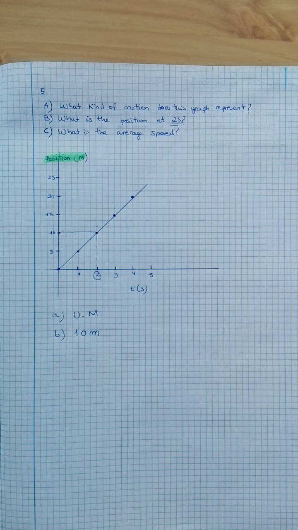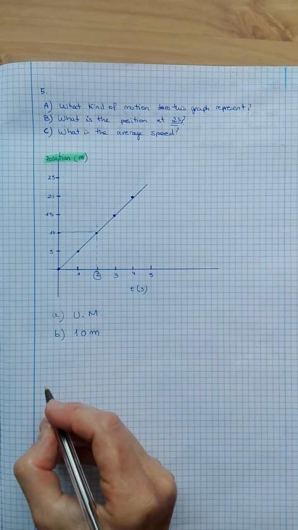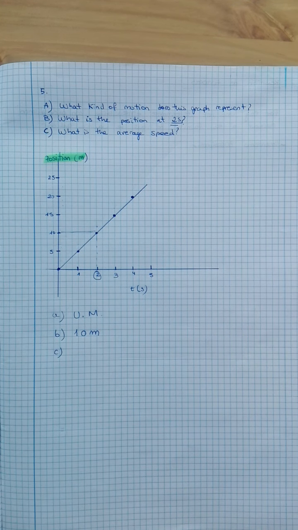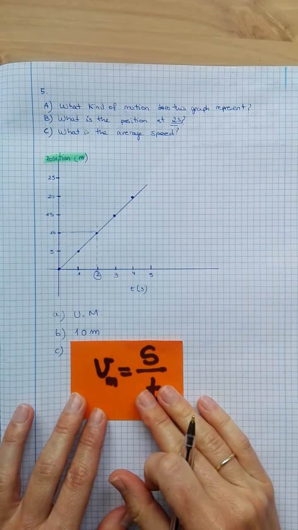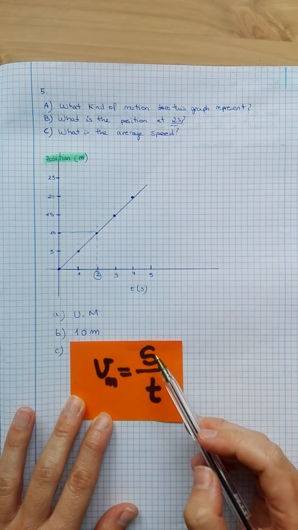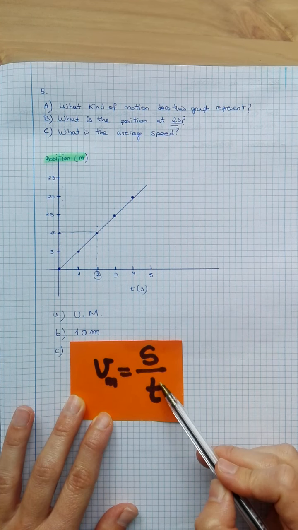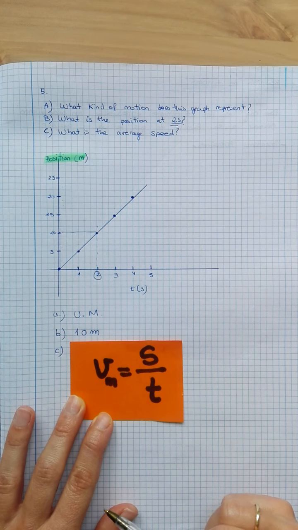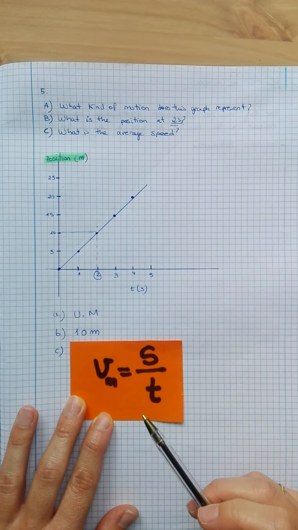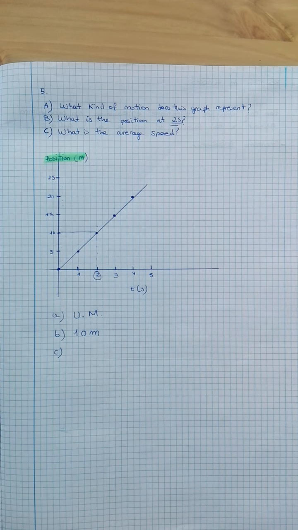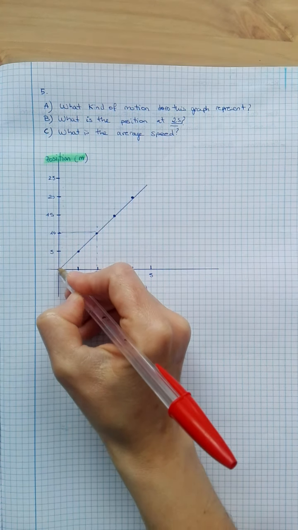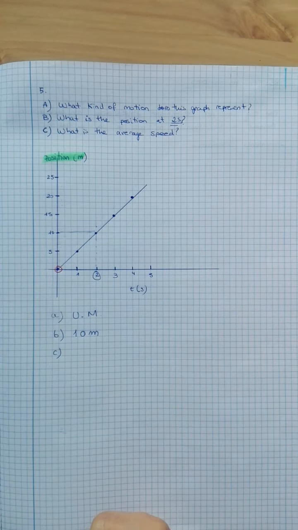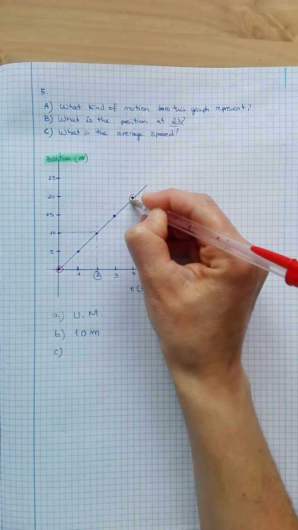Third question, what is the average speed? To calculate the average speed, I remind you the average speed or the mean speed is the total distance traveled divided by the time it took to travel that distance. So to do that, you will go to the initial position, the first point, and the final position.